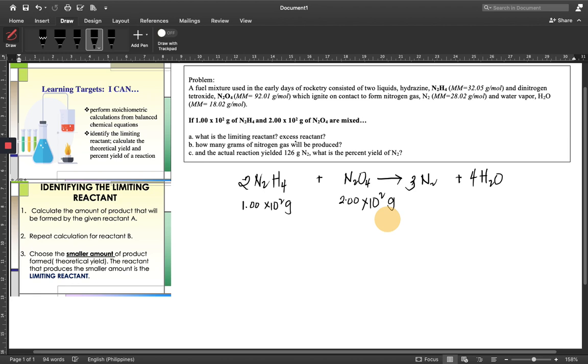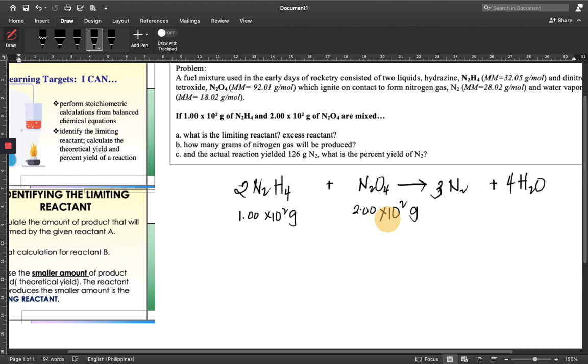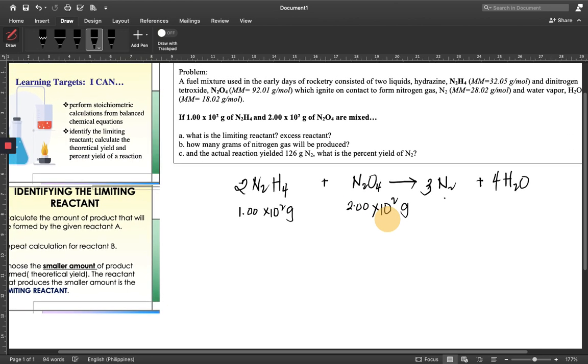So this is very important so that you will not be doing a lot of calculations. So in here, since I will eventually be calculating the mass of nitrogen gas, then we might as well use our N2 as our selected product. All right, the nitrogen gas.